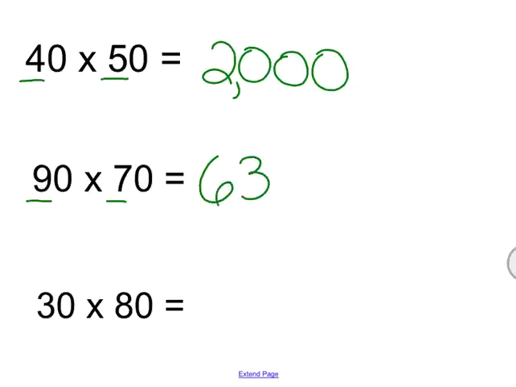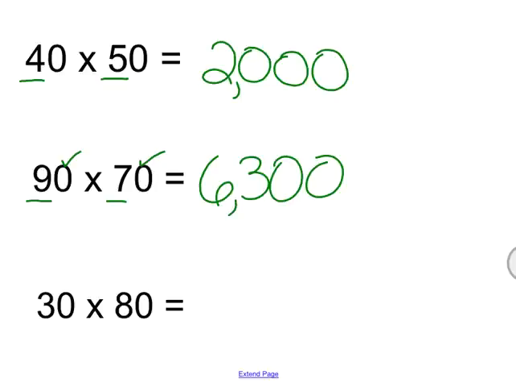And then I notice that the 90 has 1 zero, the 70 has 1 zero. That makes a total of 2 zeros. So I get to add 2 zeros to the end of my product. Don't forget to make sure you put your comma. So ones, tens, hundreds, thousands.